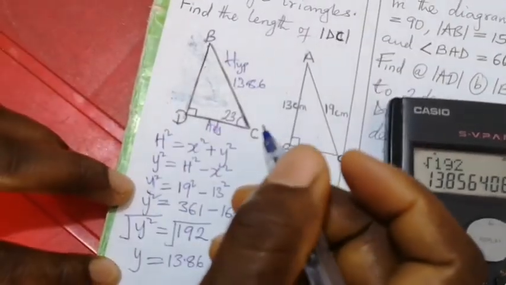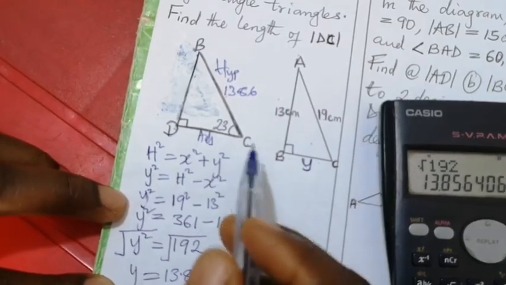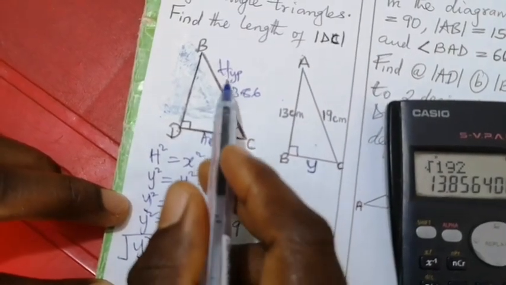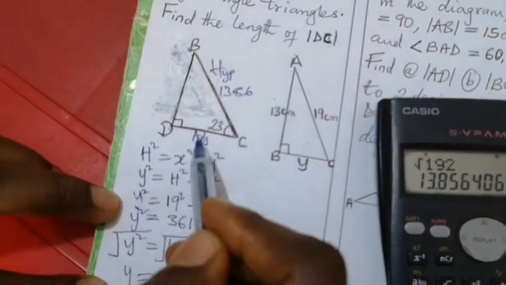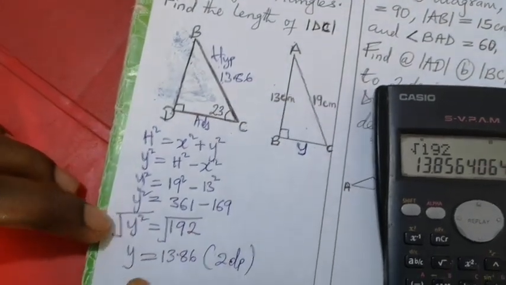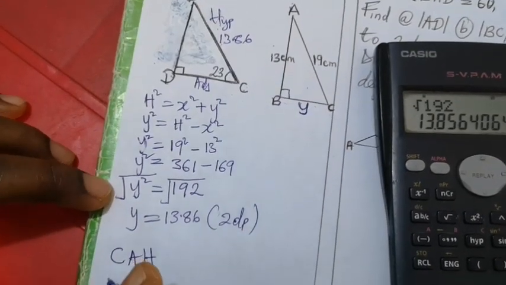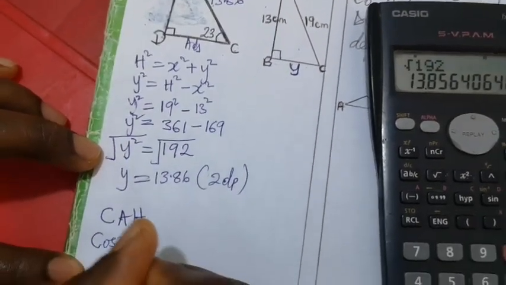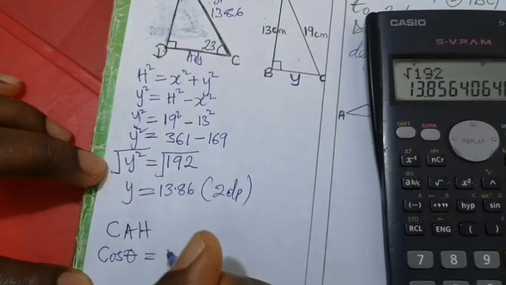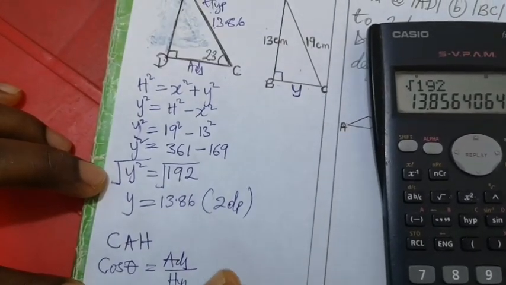Of course, we have an angle. We will now look for the acronym that will contain hypotenuse, angle, and adjacent, and that will be CAH. Okay, which means cos theta is equal to adjacent all over hypotenuse.